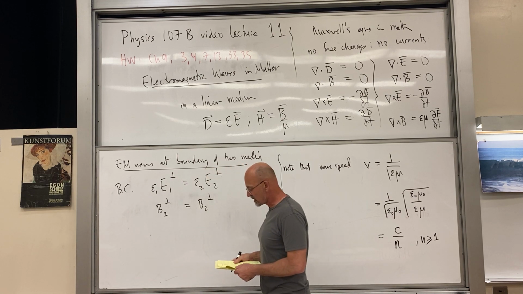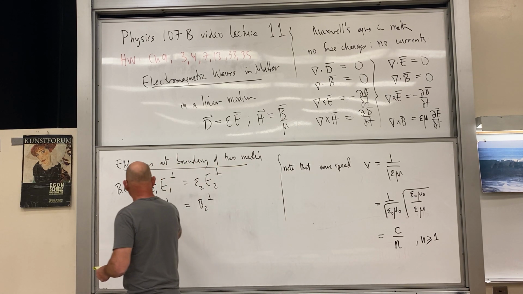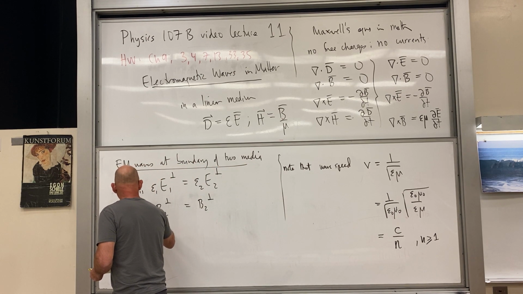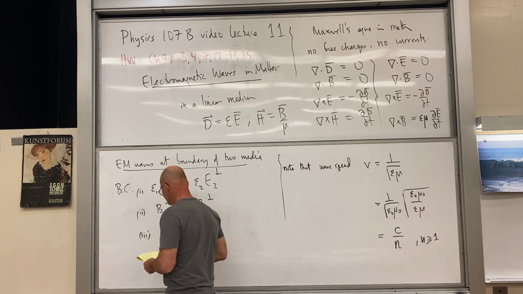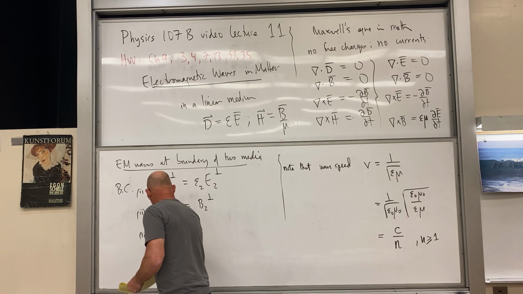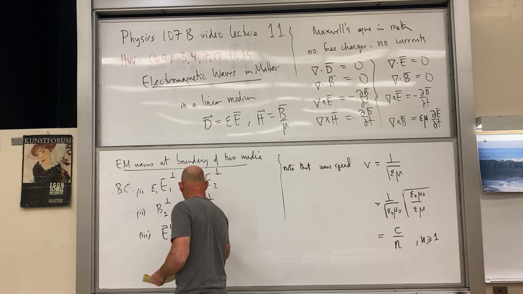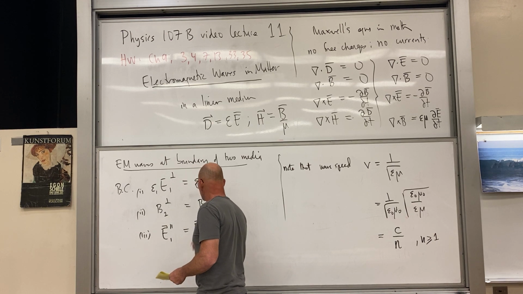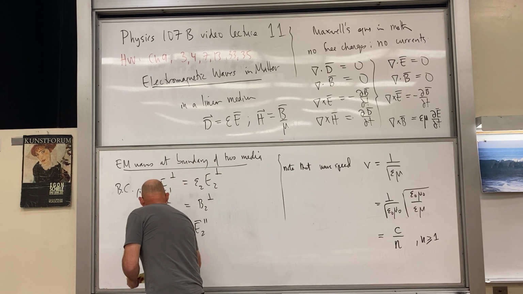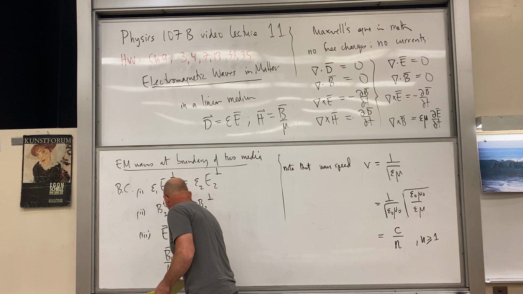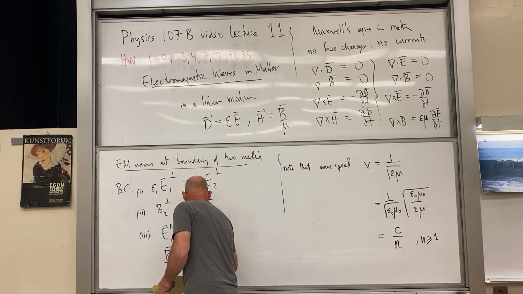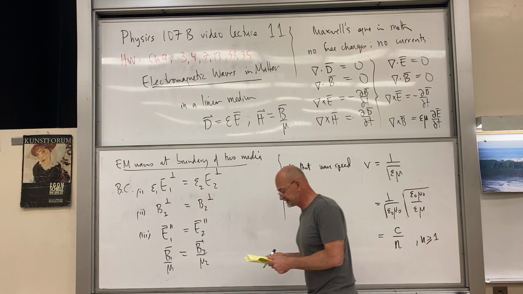And then we have parallel components. The parallel components are equal, E2 parallel, and the parallel components of the B field look like this. So we had that a little while ago.